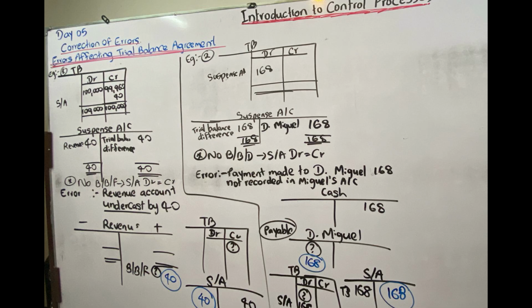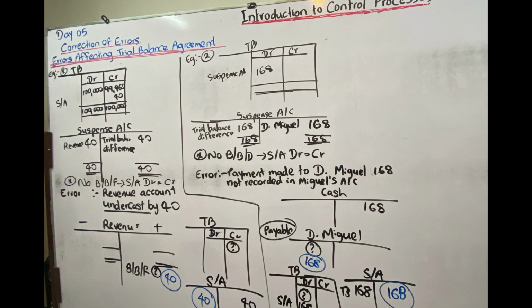This was correctly entered in the cash book but not entered in D Mitchell's account. Okay, now you know the error. What is the error? It's a cash payment, right? Yes.